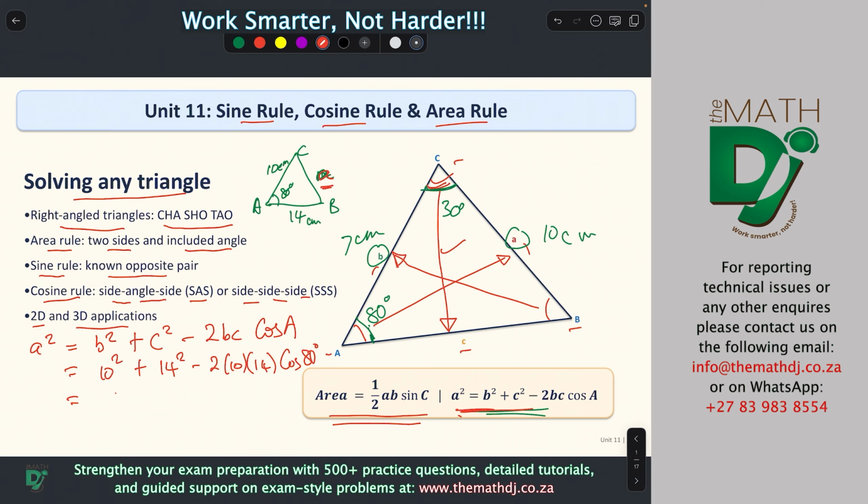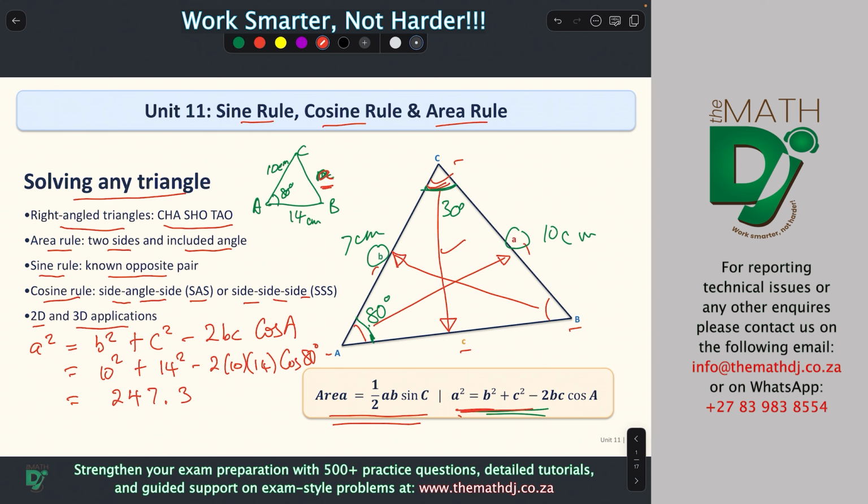10 squared plus 14 squared minus, in brackets, 2 times 10 times 14 times cos 80 degrees, close bracket. I'll get 247 point something.